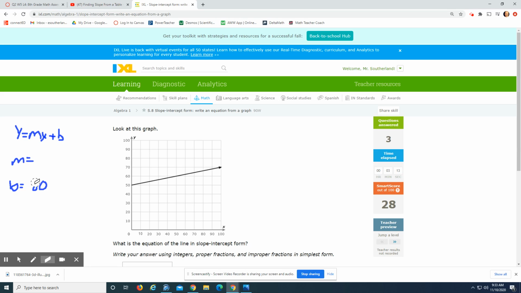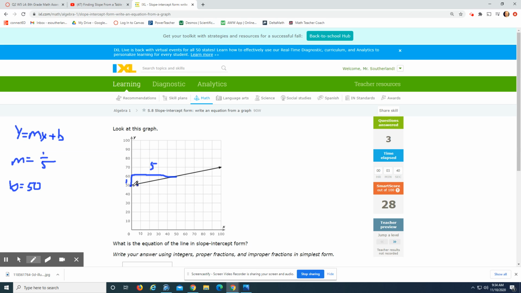Again, same thing. We want to figure out, it crosses at 50. And that crosses again here. Rise of 1, 1, 2, 3, 4, 5. So this is going to be 1 over 5.